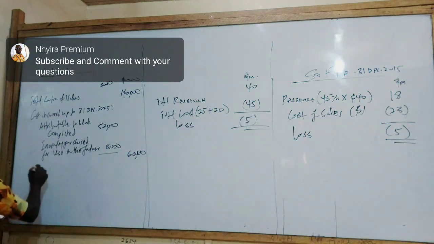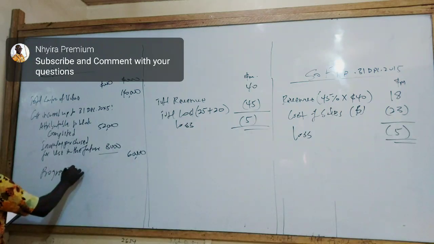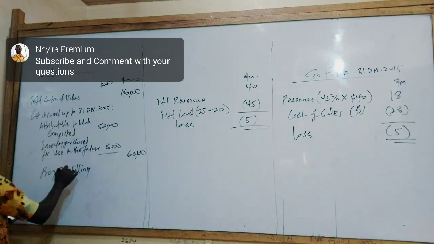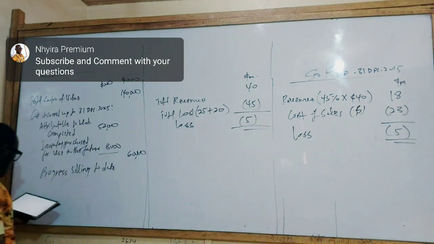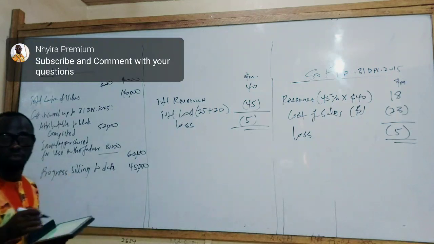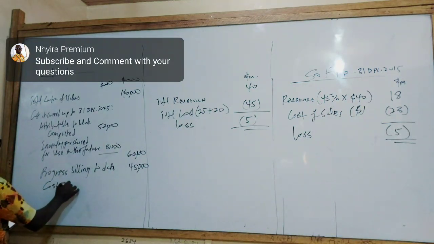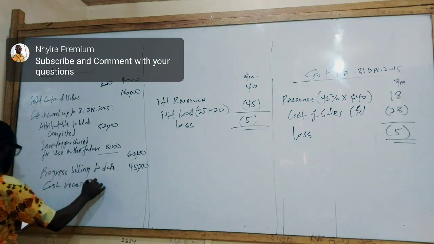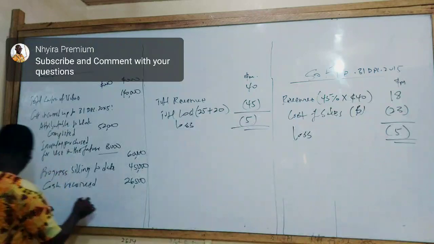Then we have progress billing. This is like invoice that we've given to the customer. So progress billing to date, 45,000 in relation to that. Then cash received, that's 26,500.